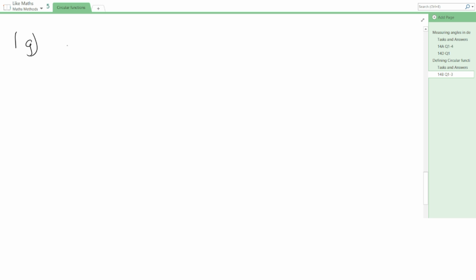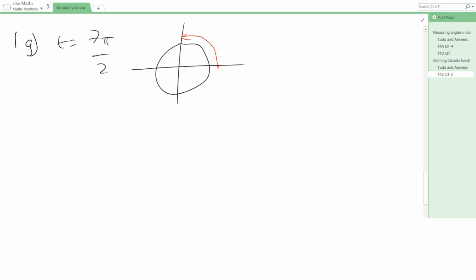Question 1g, the angle is 7 pi over 2. There's our unit circle. Remembering that if you go around a quarter, and this is a positive angle so we're going anti-clockwise, that's pi over 2, going around 1/4.